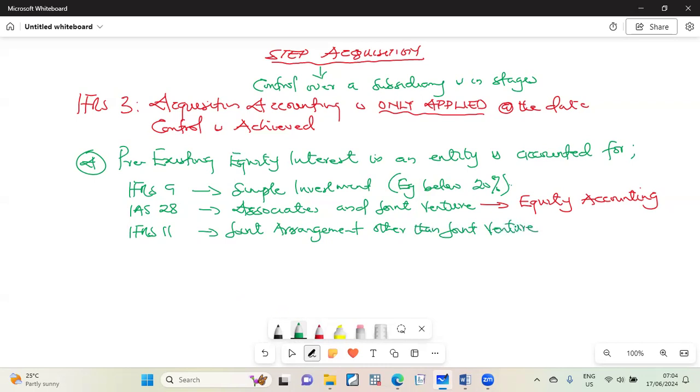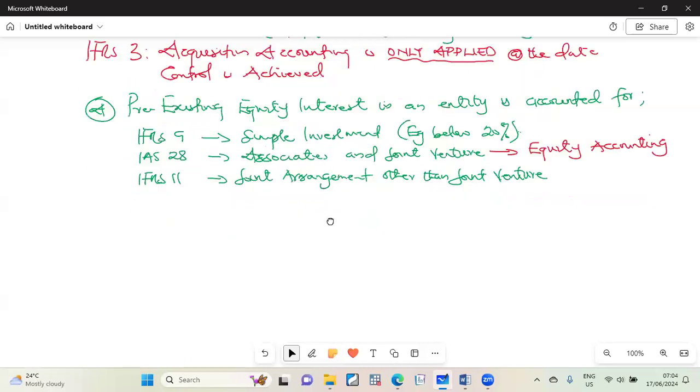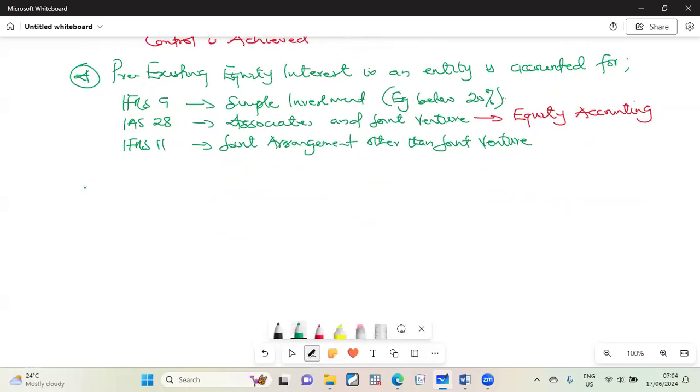So these are the scenarios you may face. That is the first point I need to bring to your attention. Now, if you had all these interests and you are making a step acquisition, let me call it a B scenario.